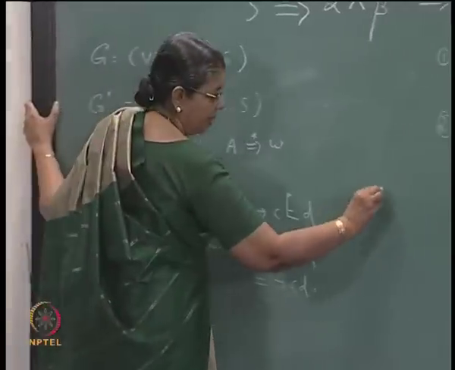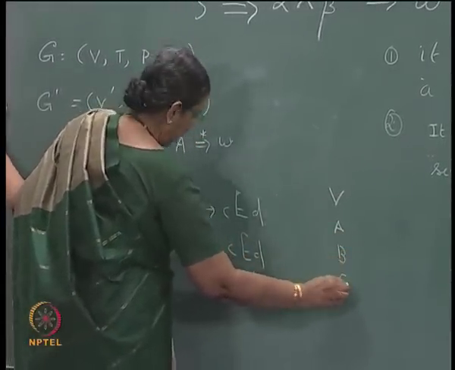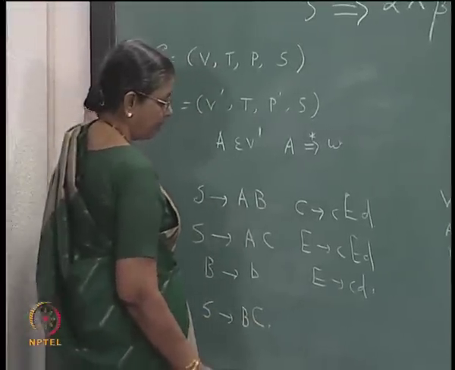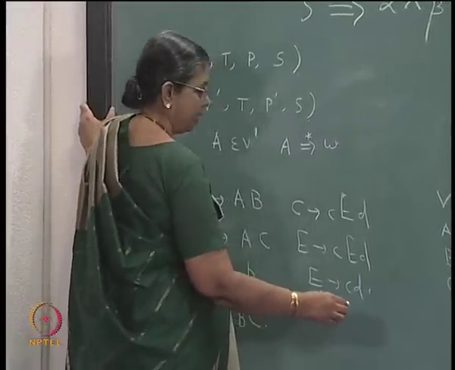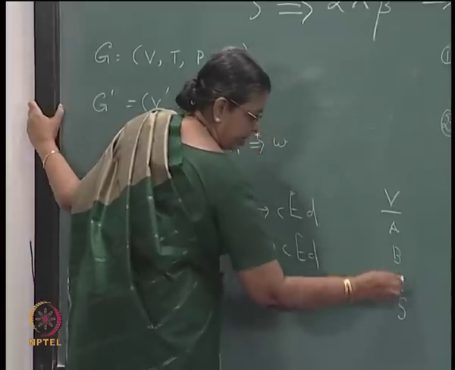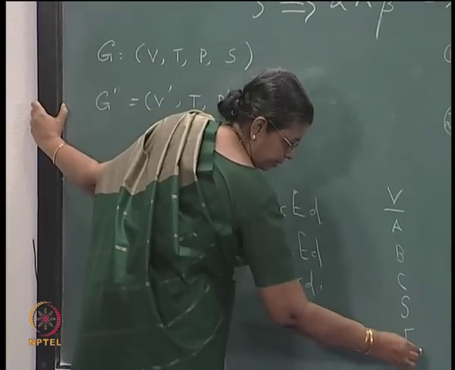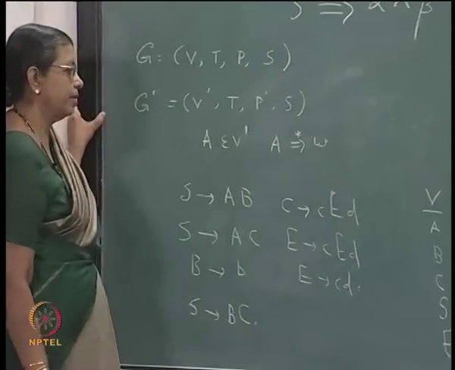V has these symbols, V has S, A, B, C, E. These are the non-terminals.